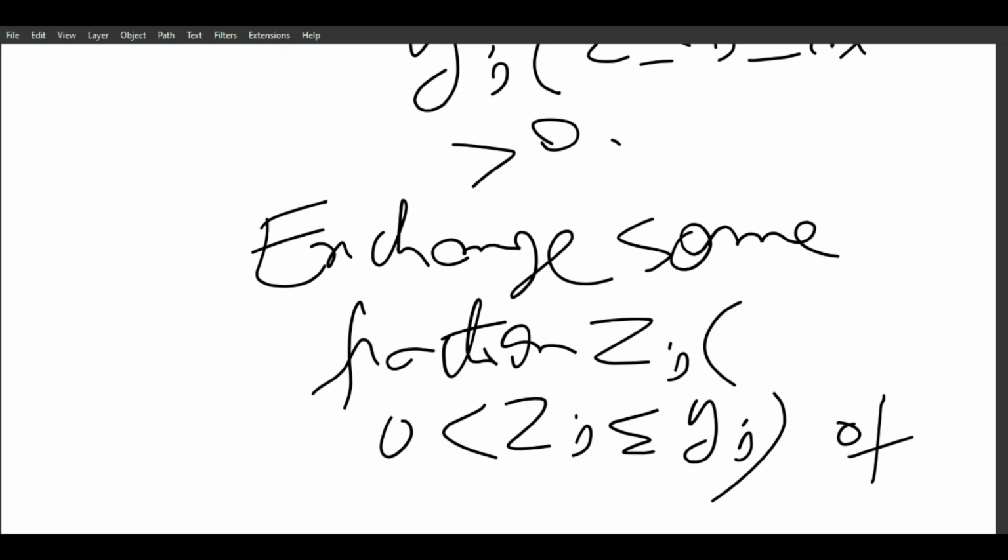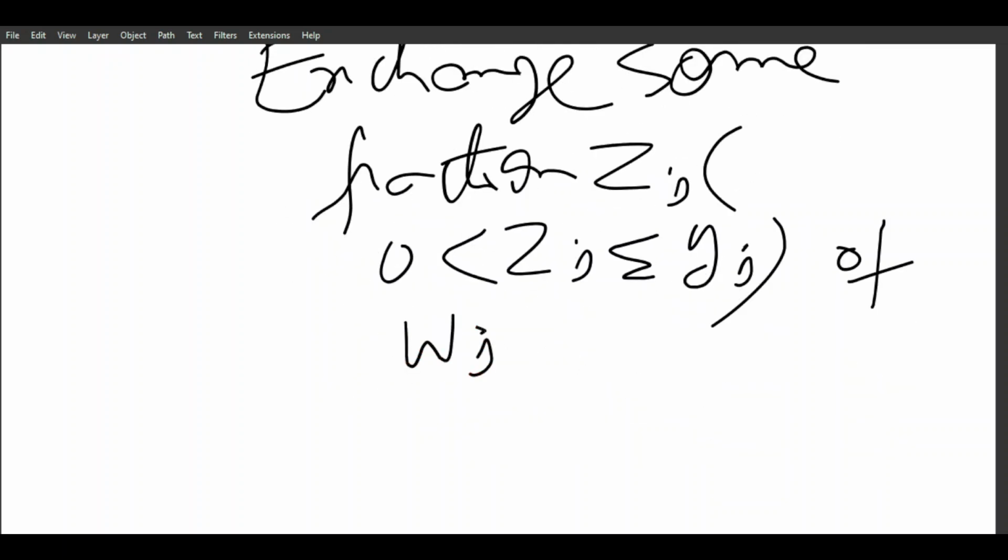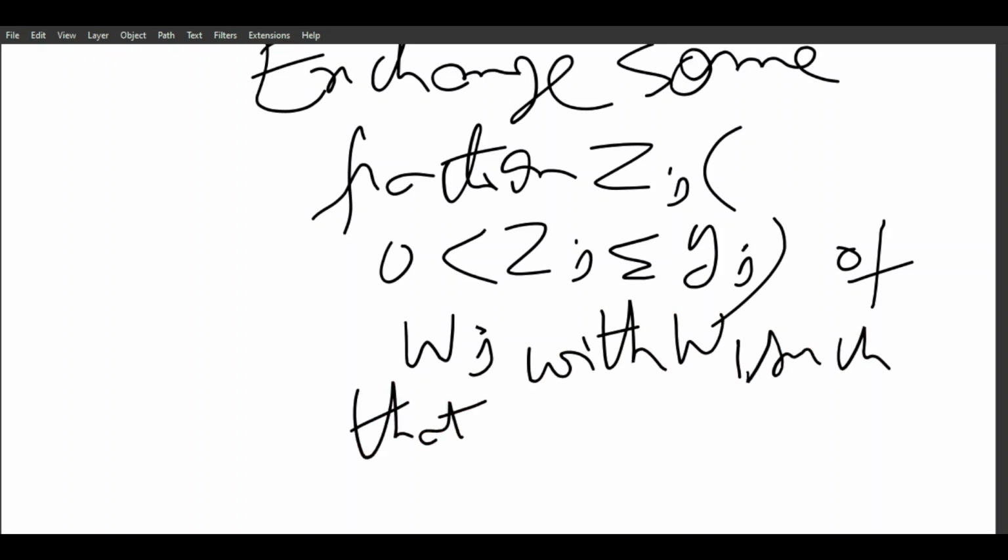So for the jth item we are taking a fraction zj of it, so zj has to be at most yj. This much fraction of wj we take out, with w1 as replacement. So we are swapping: item 1's weight is getting increased, item j's weight is getting reduced, such that the net weight is the same, and we show that our profit is getting increased.